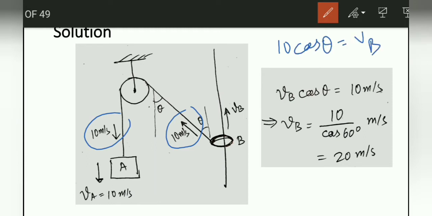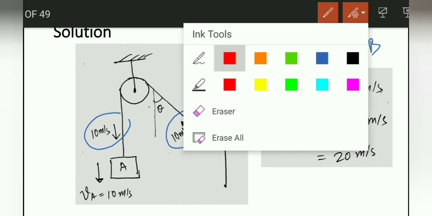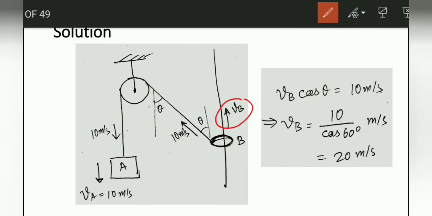That means they say this velocity will be transferred to this bead, but this is fundamentally wrong, because this bead has a velocity Vb, and the component of that velocity along the string is 10 meter per second. It is not the other way round.